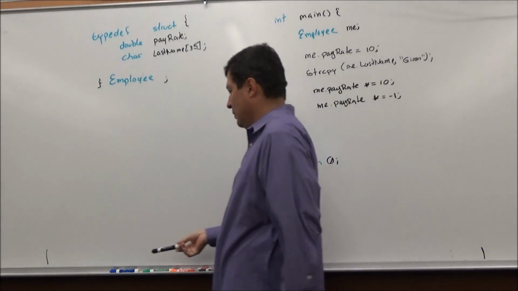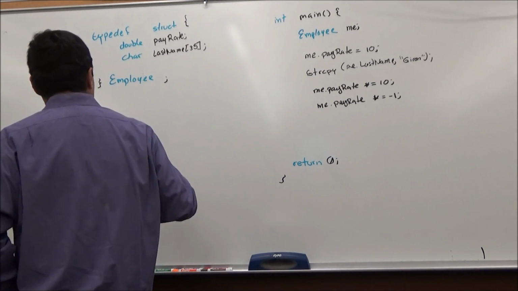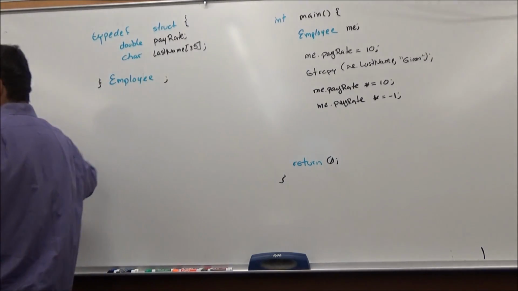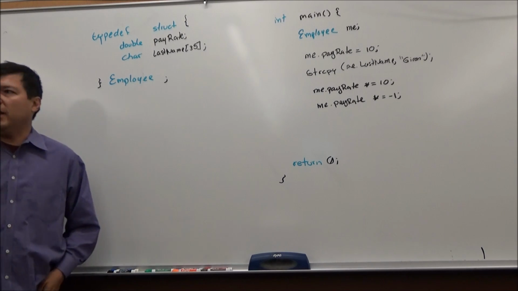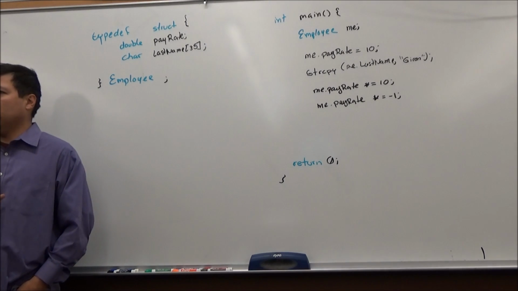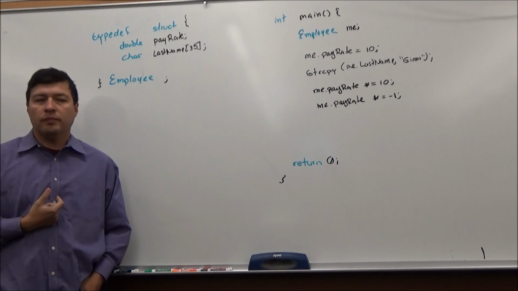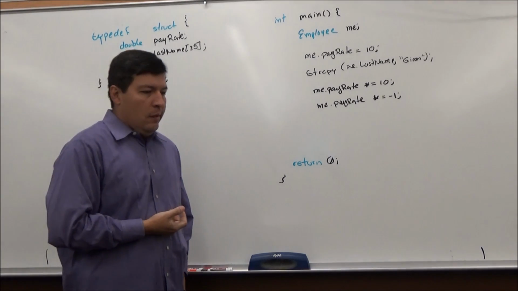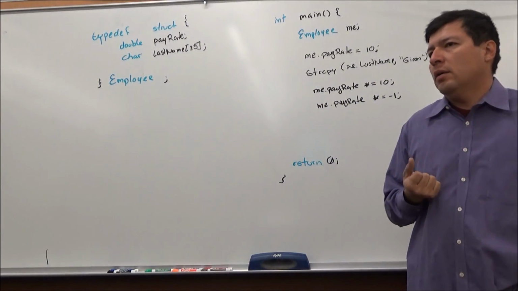So the computer knows a double is any number with decimal values. It doesn't know there shouldn't be any negative in the pay rate. So we can somehow protect that.